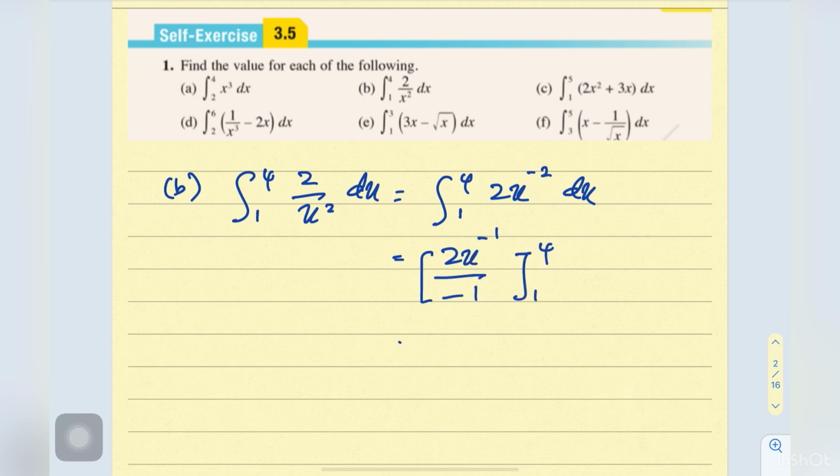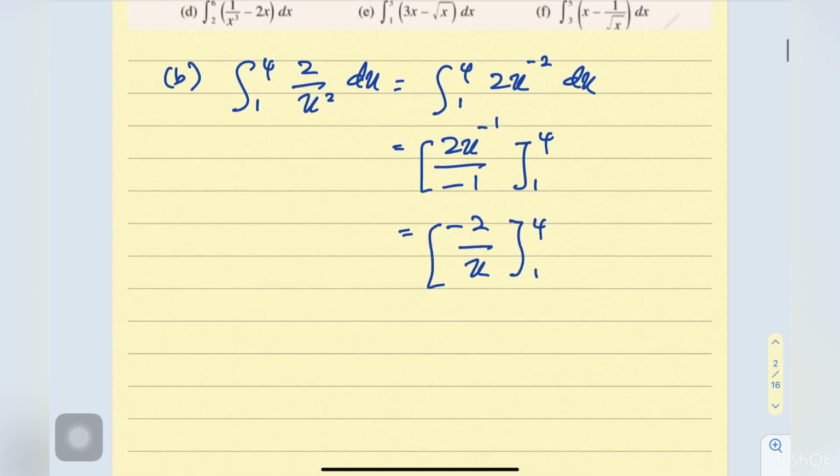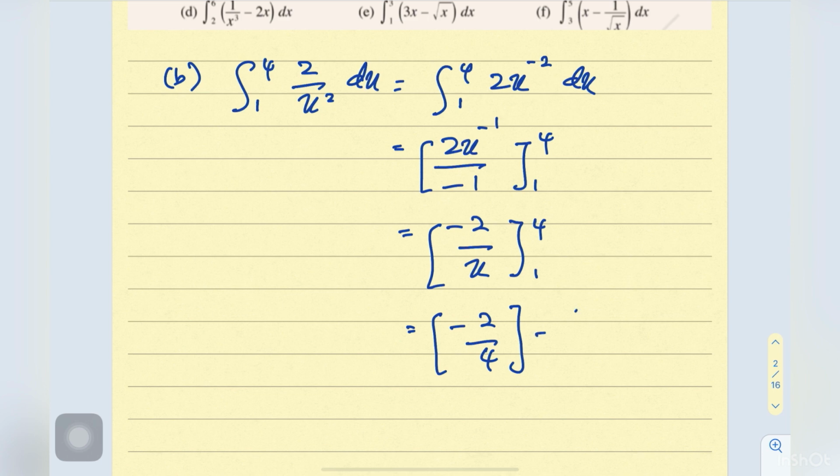Before we substitute the upper limit and minus the lower limit, you have to simplify first, becoming negative 2 over x, from 1 to 4. Then substitute 4 here, negative 2 over 4 minus negative 2 over 1, equals 3 over 2.